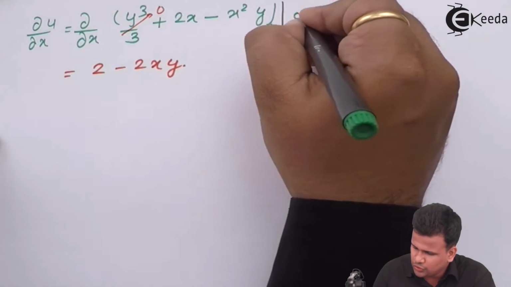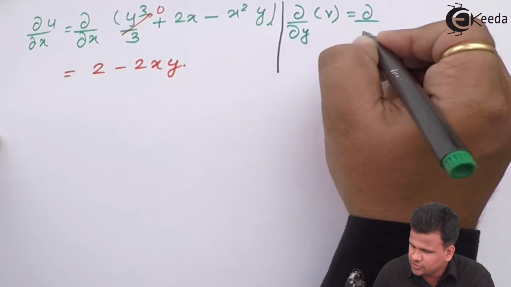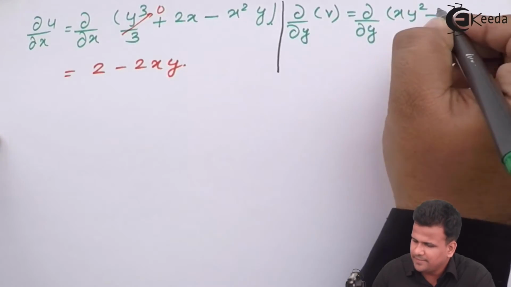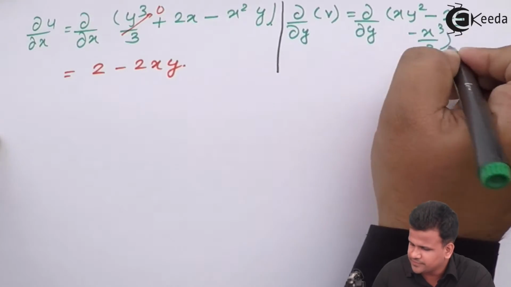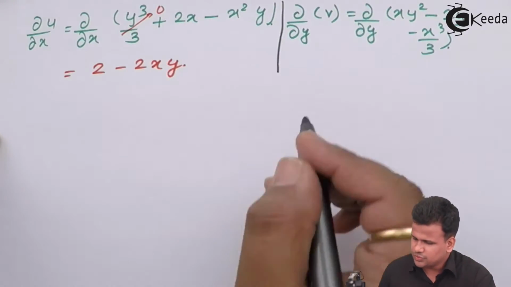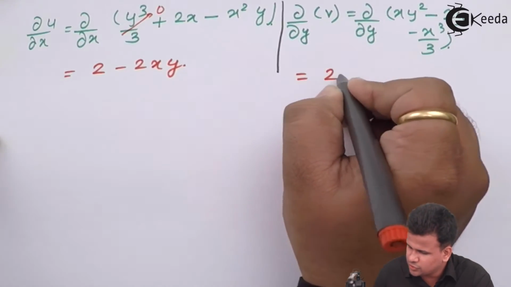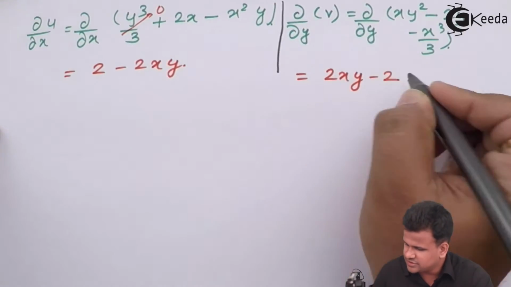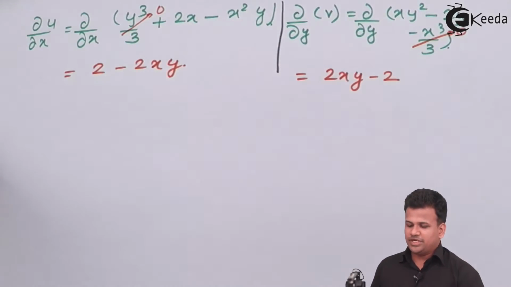Similarly, we differentiate the next term, v with respect to y. That is dou by dou y of xy square minus 2y minus x cube by 3. Differentiating, this part gives you positive 2xy, this gives you minus 2, and the last part tends to 0 because we are differentiating with respect to y and x is a constant for that part.